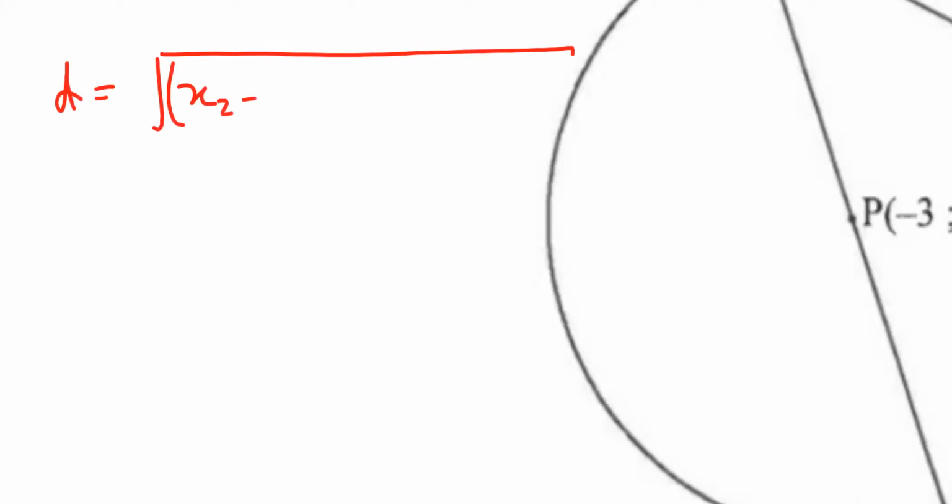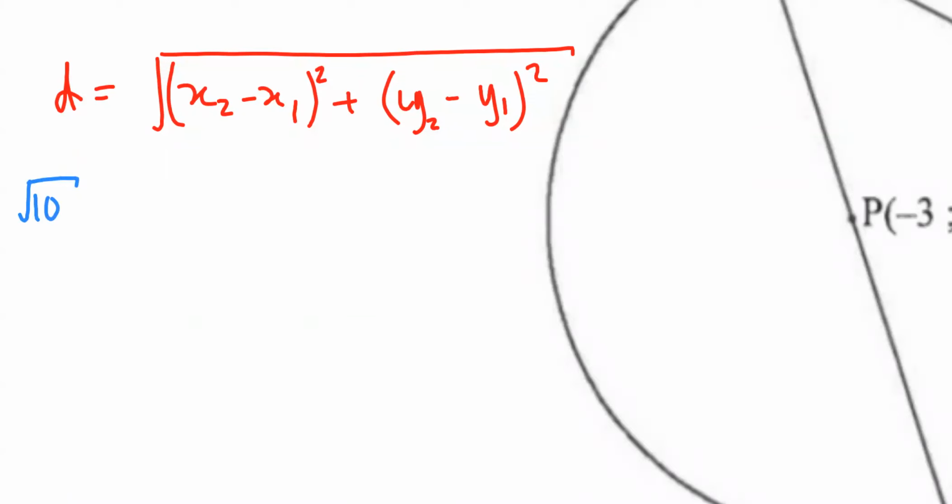So we're going to say the square root of (x2 minus x1) squared plus (y2 minus y1) squared. And now we substitute the distance for the radius as square root 10. And then we substitute all our x values and the y values into the formula.